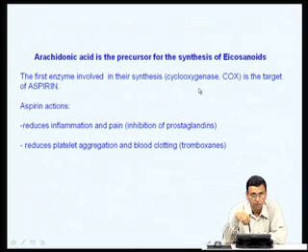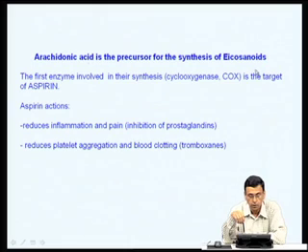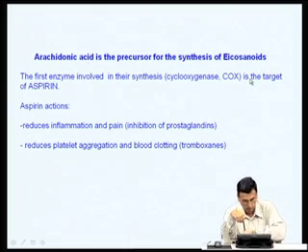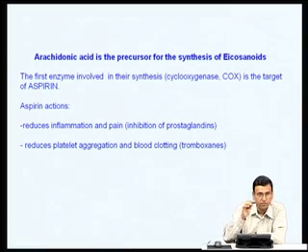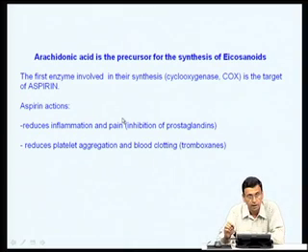And cyclooxygenase is the first enzyme which converts arachidonic acid into the eicosanoids. So, diacylglycerol is not only involved in the activation of protein kinase C, but it also is the precursor for the synthesis of eicosanoids, which play a very important role in inflammation, pain, as well as platelet aggregation and blood clotting.